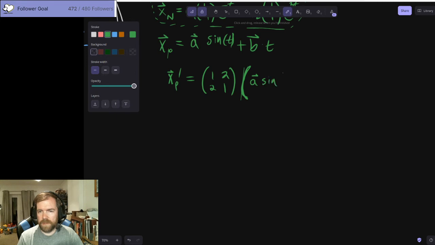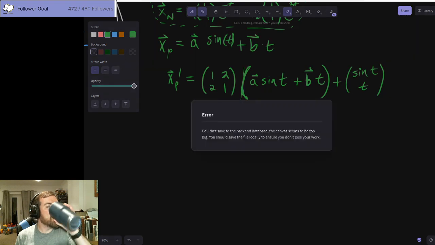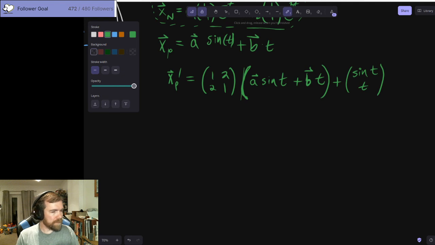A vector sine of t plus B vector t, plus sine of t up top and t down bottom. And just to double check.